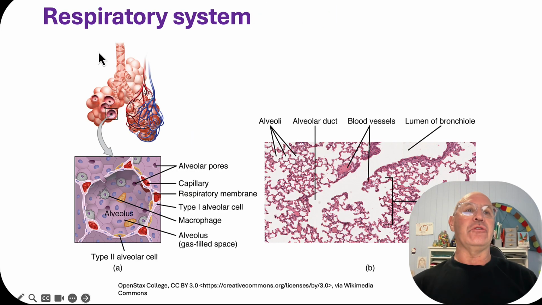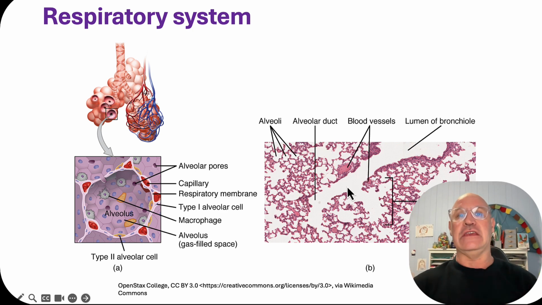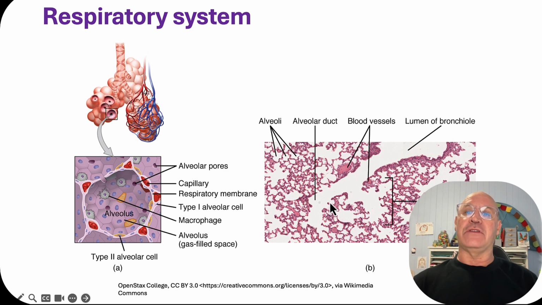Now down into the lungs, specifically the alveolus, where gas exchange occurs. We see the lumen here, and the white is where we've got the gas, and you can see that a large amount of it is gas. The pink is our epithelial tissue, and it's very, very thin.